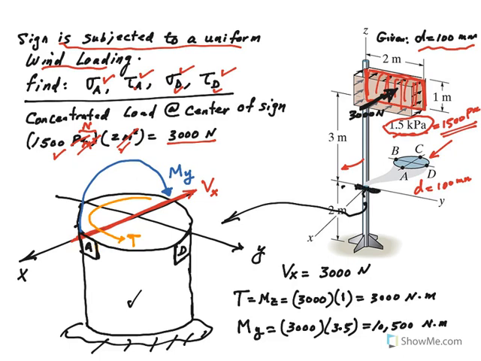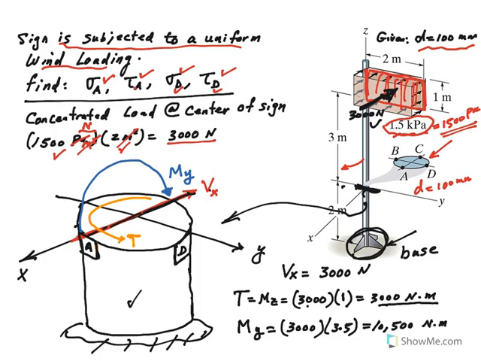Again, you have to understand that the more critical section is right here at the base of this post or pole, because the bending moment is going to be maximum. All right, so right at that section, just move this force, move this 3000 Newton exactly to this location. So that will give me a shear load of 3000 Newtons, right?